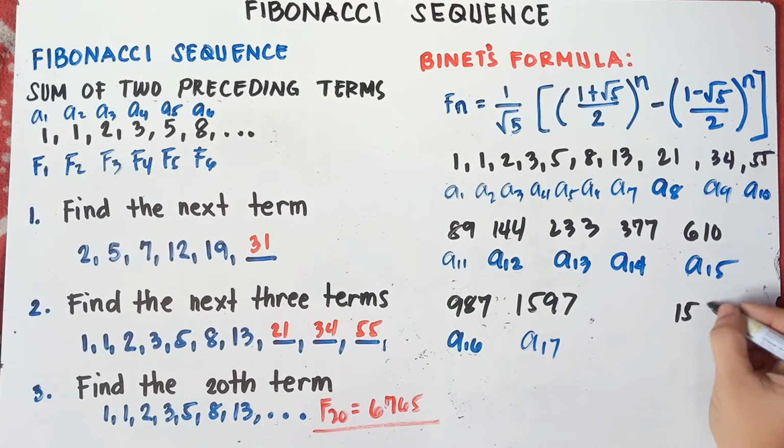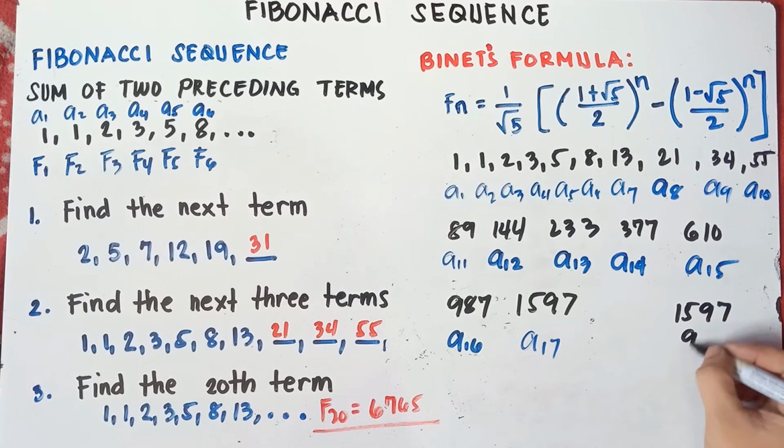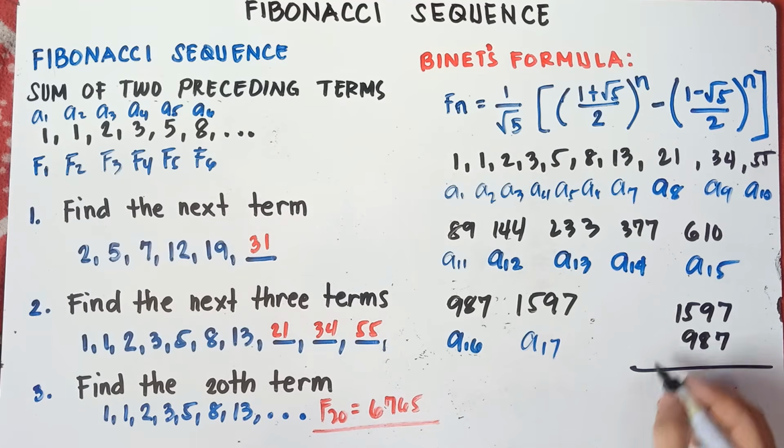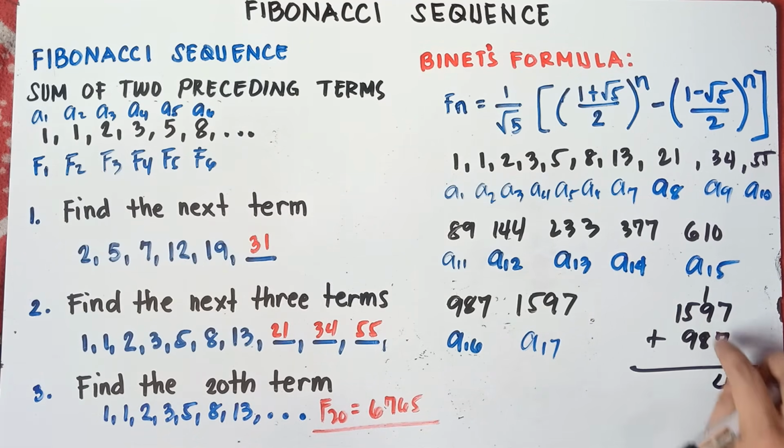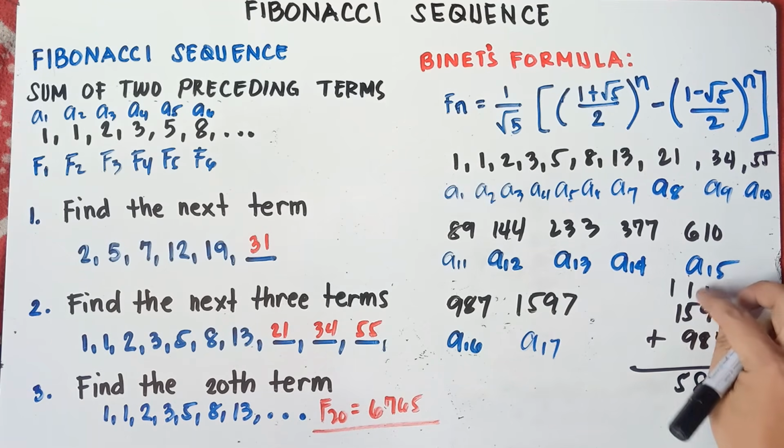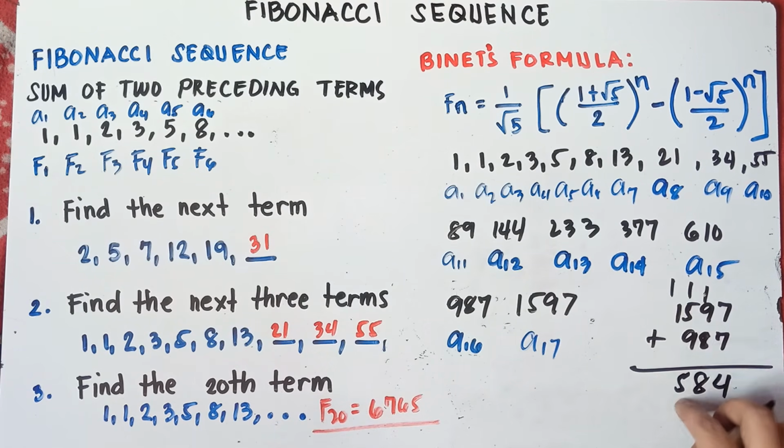So 1597 plus 987. Alright, so this will be 7 plus 7 is 14, carry 1. 9 plus 1 is 10, plus 8 is 18, carry 1. Then 5 plus 1 is 6, plus 9 is 15, carry 1.